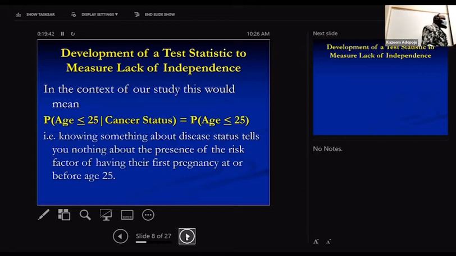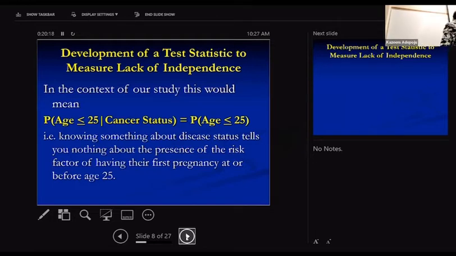Now, what is the question? We want to see the probability. The other time I said the probability of A given B. Now, in relation to what we're doing, the probability of A given B equal to the probability of A means A and B are independent. In this one, our A is age less than or equal to 25. That is the early pregnancy.